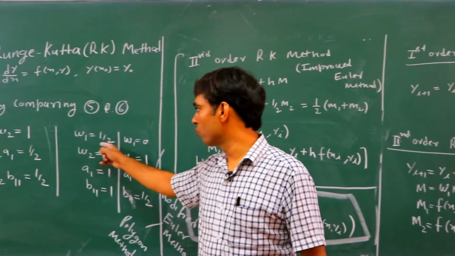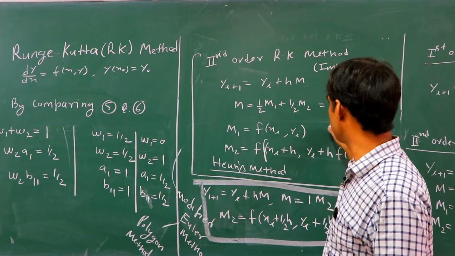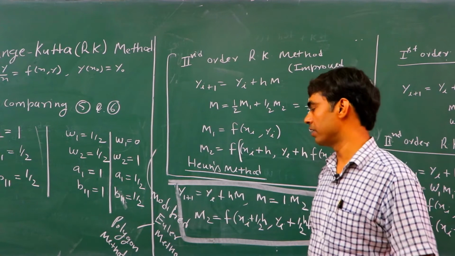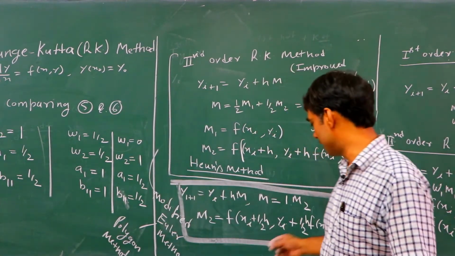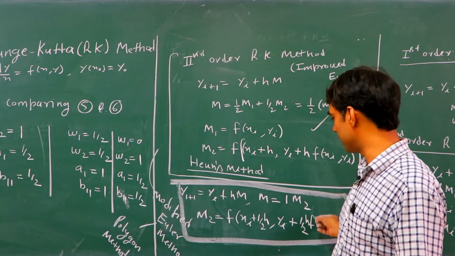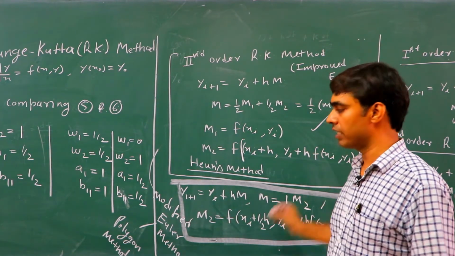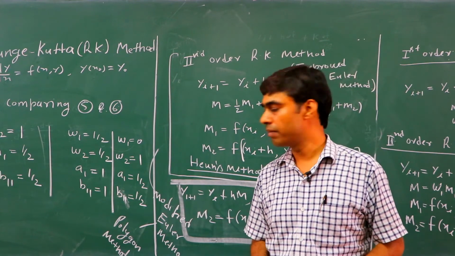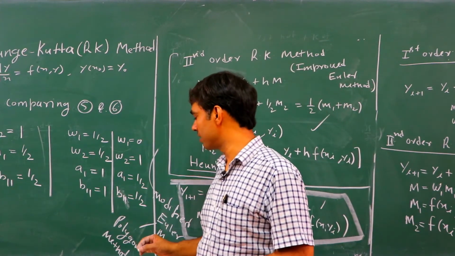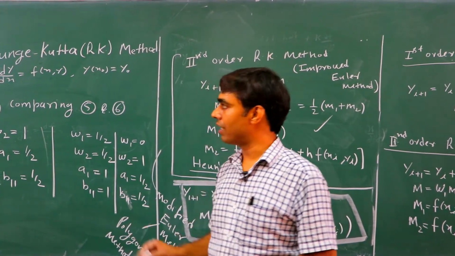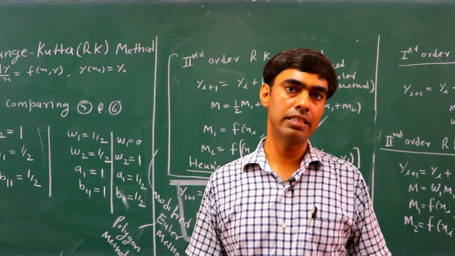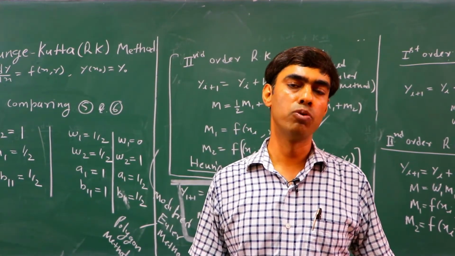If we choose W1 equal to 1 by 2, this gives the improved Euler method, also known as Heun's method. If we choose W1 equal to 0, the second order RK method becomes the modified Euler method, also known as the polygon method. And there is Ralston's method: if the truncation error is less, then the method is more accurate.